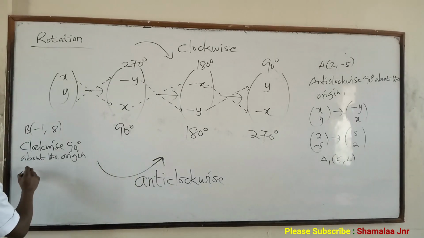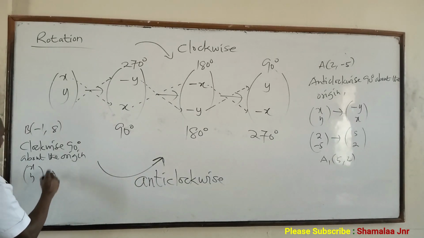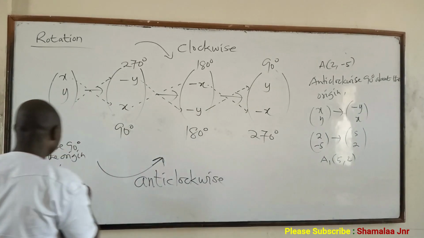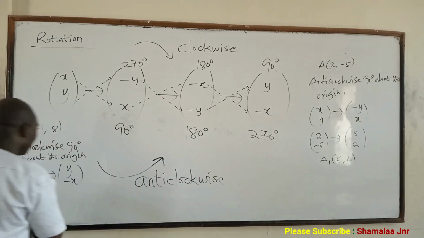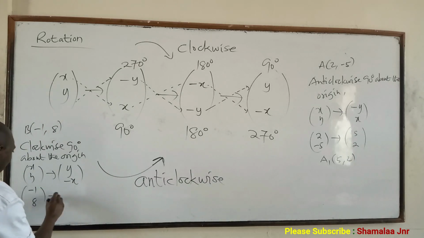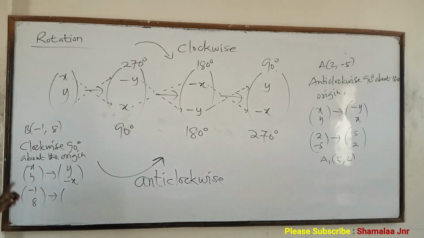So this means that we have (x, y) mapping onto, because it is clockwise 90, go and pick this formula, (y, -x), and do whatever is happening in the formula. We have (-1, 8). Look at what is happening in the formula. In the formula, x has come down here. It has changed. So I'll take -1 and bring it down there and change it.